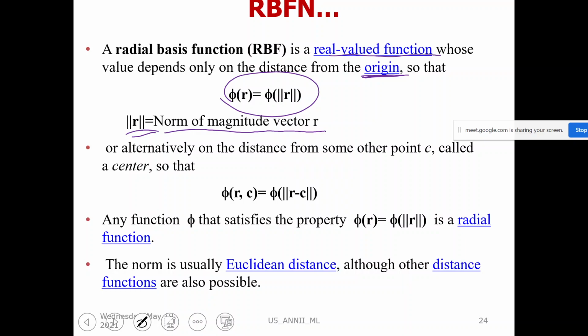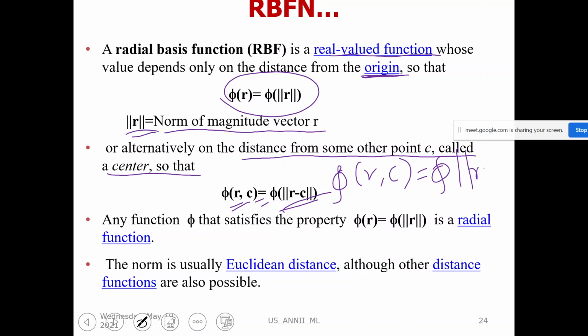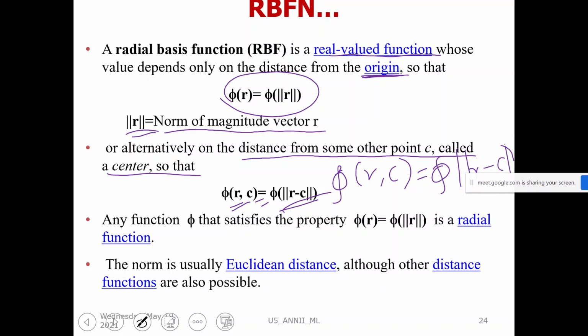Alternatively, it can depend on the distance from some other point, a center C. Then the function will be phi of the norm of r minus C. Any function phi that satisfies the property phi of r equals phi of norm r is a radial function.